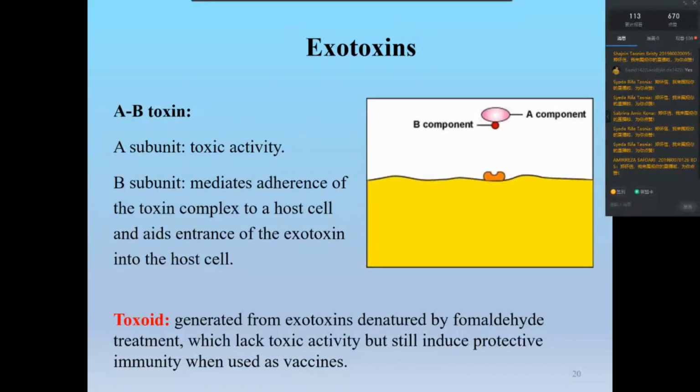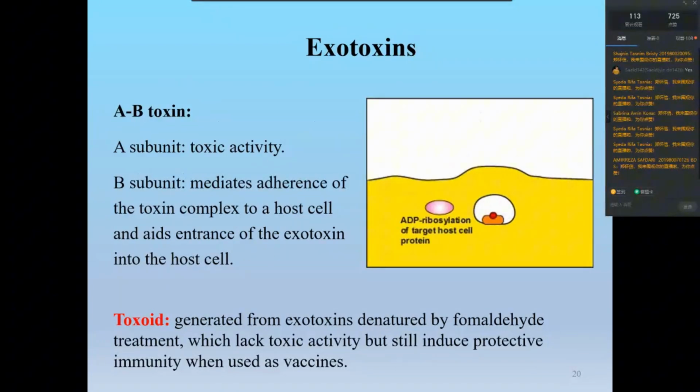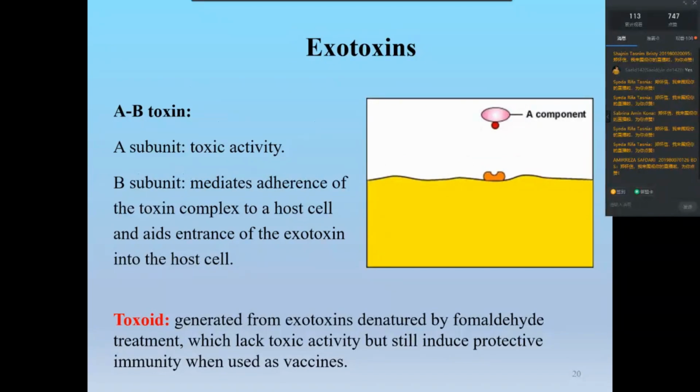Here is how the exotoxins invade into the host cell. Usually, most of the exotoxins have a similar structure, which is called AB toxin or AB structure, which means that there are two subunits, A subunit and B subunit.